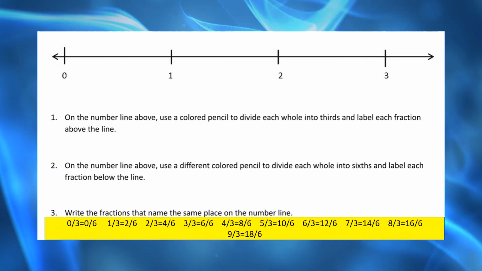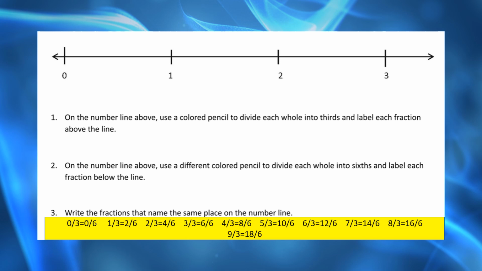So for this question, you're going to need two different color crayons or two different color pencils and two different color markers just so that you can mark the different fractional units in different colors. So for this number line, we have an endpoint at 0 and an endpoint at 3.